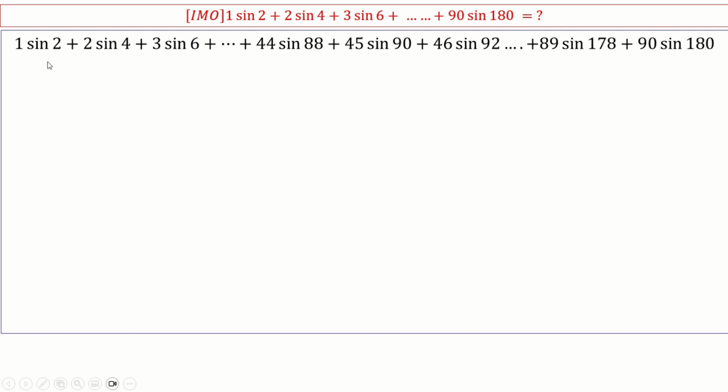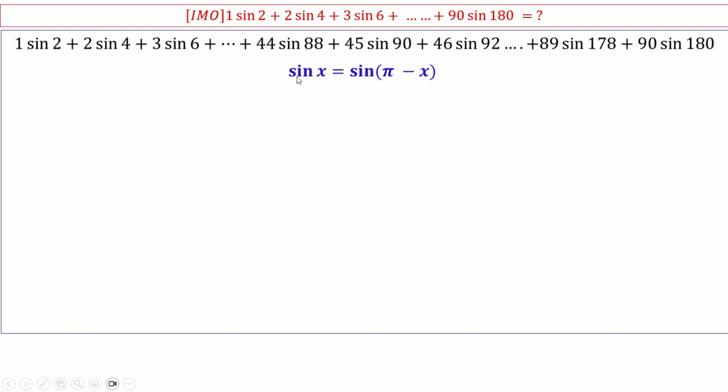See, you have 1 sin 2, 2 sin 4, 3 sin 6. In the middle, you will get 44 sin 88, 45 sin 90. If you see, the angle is double the coefficient. 46 sin 92. And in the end, you will get 89 sin 178, 90 sin 180.